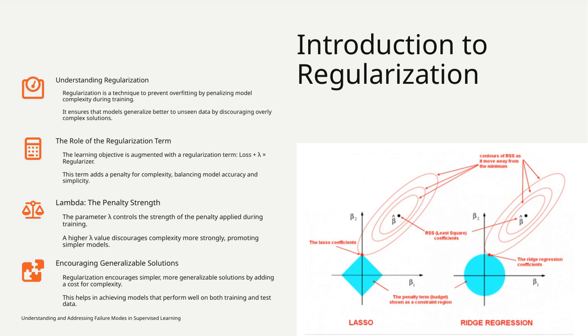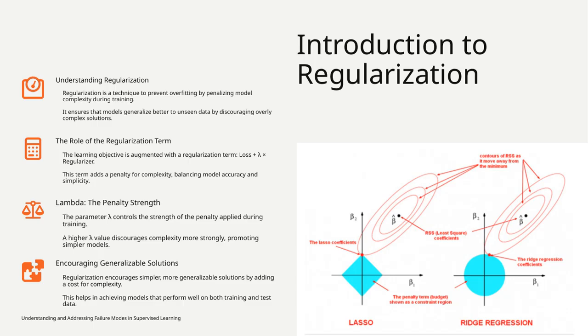When we set our learning objective, we don't just minimize the loss, we add a penalty for complexity. This penalty is scaled by a parameter called lambda. Lambda controls how strong the penalty is. If lambda is high, it encourages the model to keep things simple by discouraging overly complex solutions.